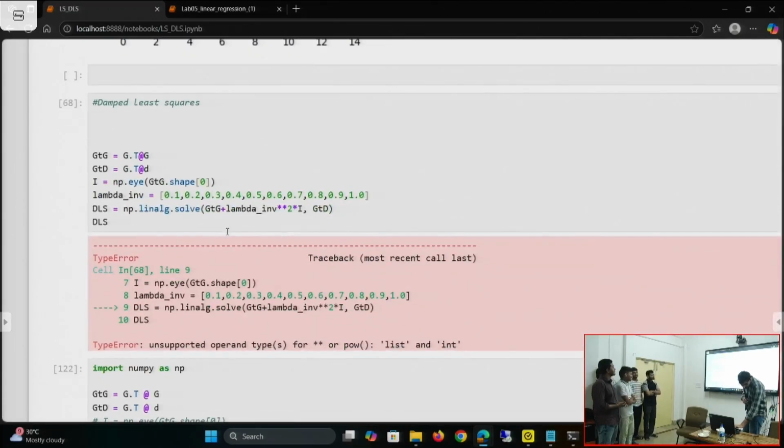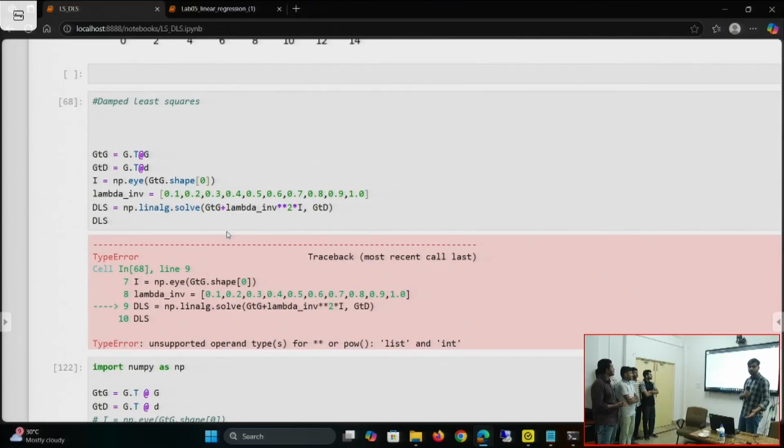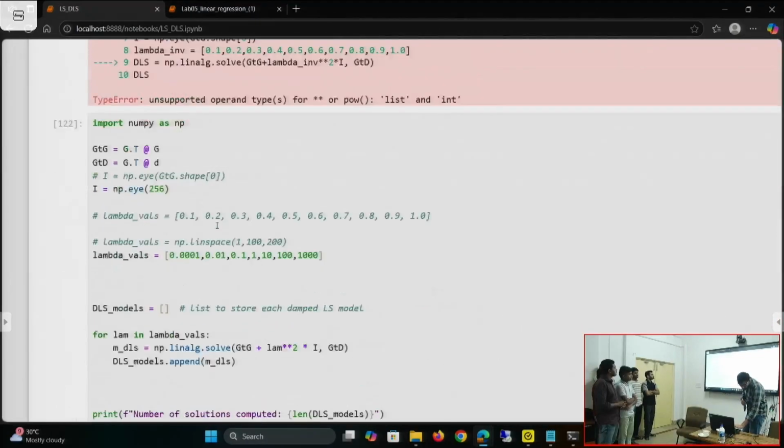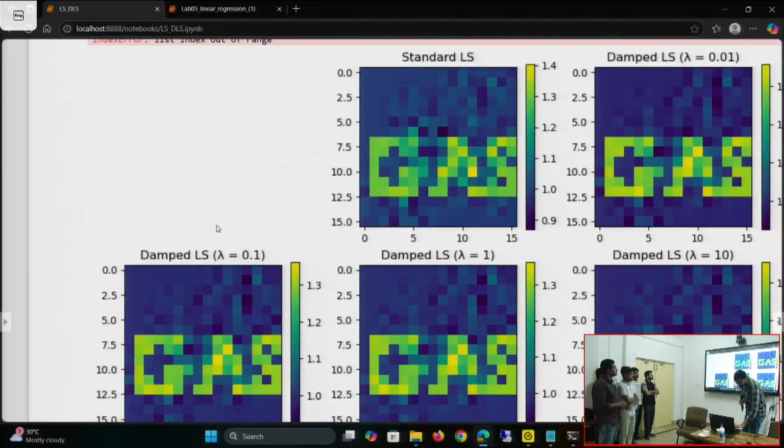Next, when we go for the damped one, the only difference is that while inverting, we have to invert G transpose G plus lambda square, then the whole inverse into G transpose D. That is the only difference. When we see the solution, this was for SVD, the first one.